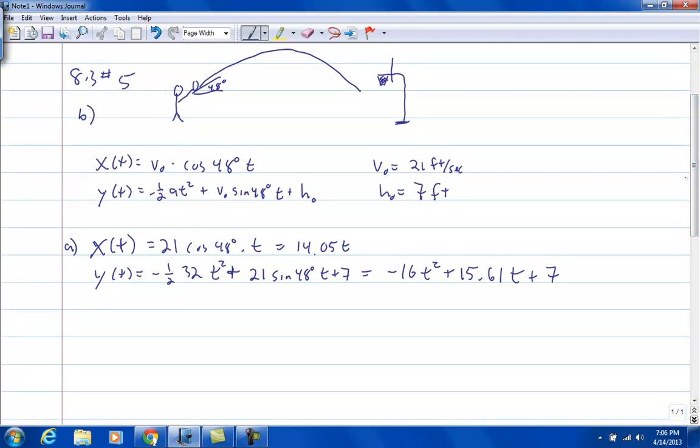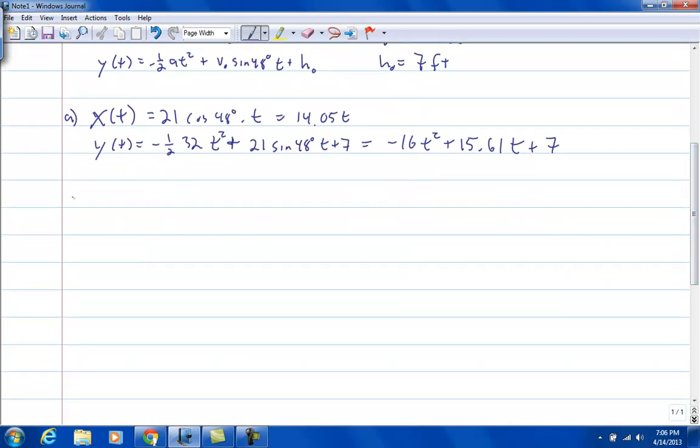Well, let's see here. C, the basket is located at x equals 15 and y equals 11. So whenever it's 15 feet away, will it be 11 feet high? So we'll find the time when it's 15 feet away. So 15 equals 14.05t.